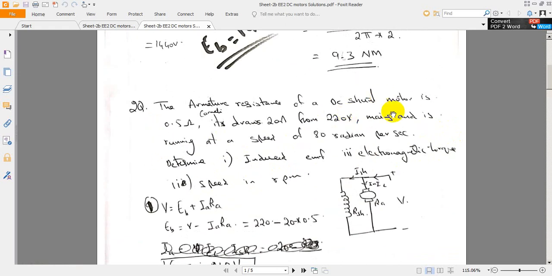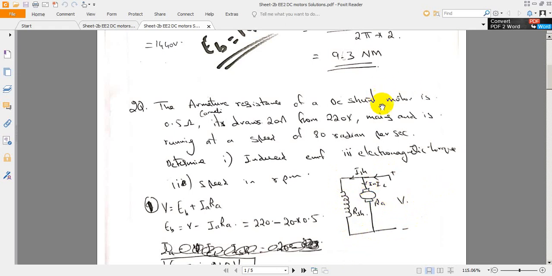As it is a DC shunt motor, we need to draw the equivalent circuit. In the equivalent circuit the field winding will be parallel to the armature winding, so they are connected in parallel. To make this machine run as a motor we need to give electrical input such that the output will be mechanical.